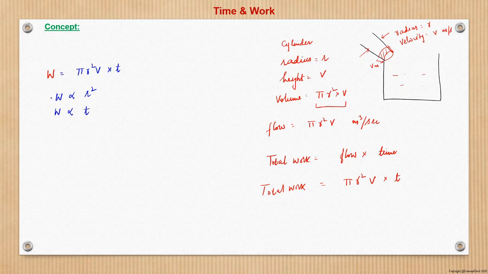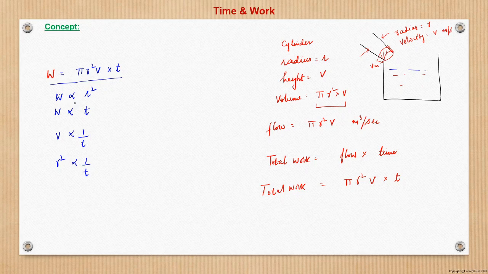Work means the total volume, or the total liquid filled up in the tank. And further, velocity is inversely proportional to time if the work is constant, and the area r square is inversely proportional to time. These are the four relations we can deduce from this equation.